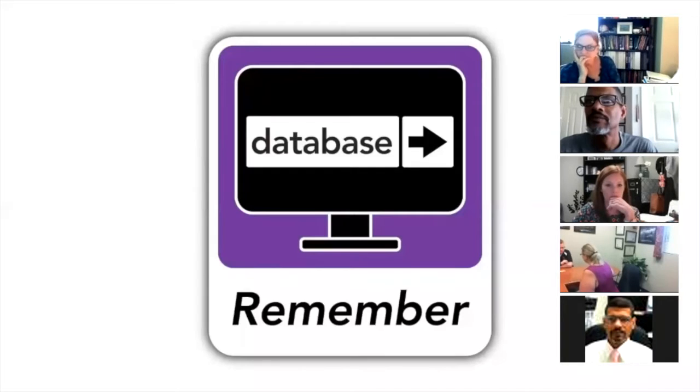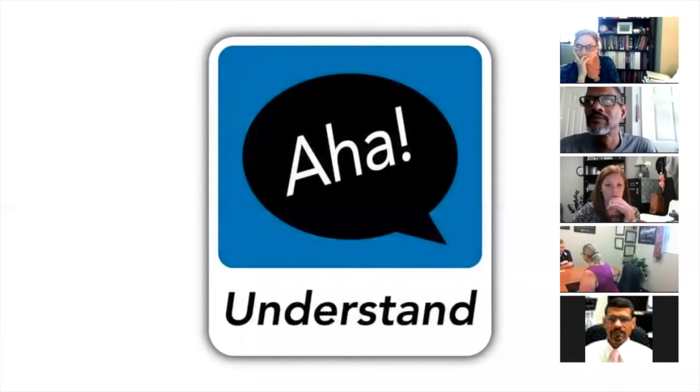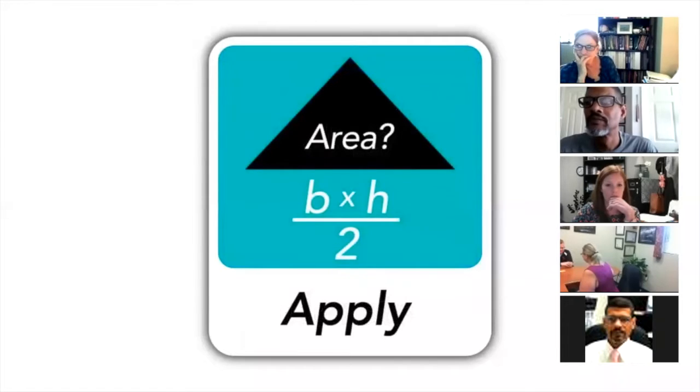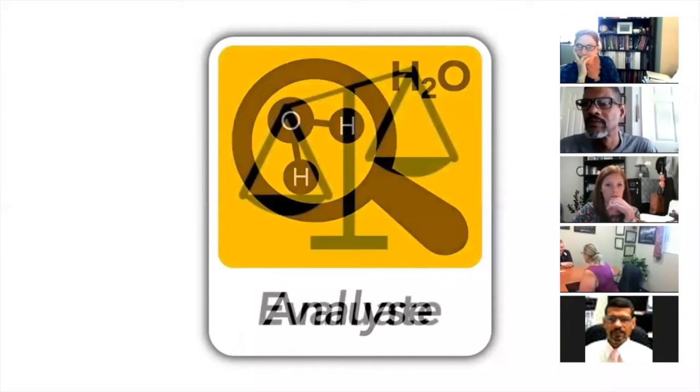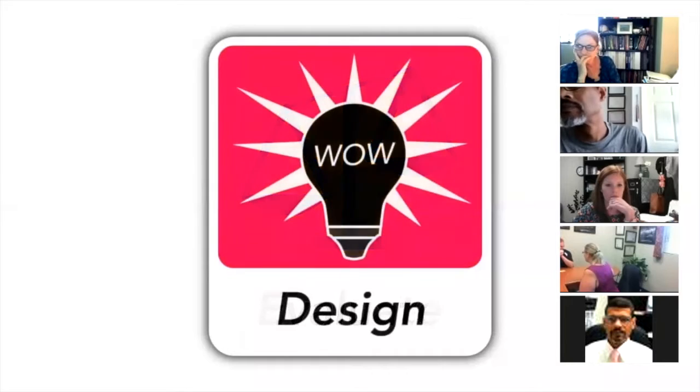In the 1950s, American education psychologist Benjamin Bloom determined that there are 6 categories of thinking. Remember, understand, apply, analyze, evaluate, and design.